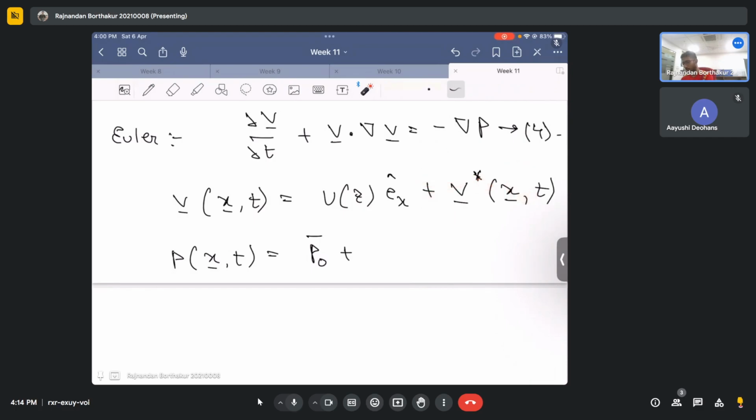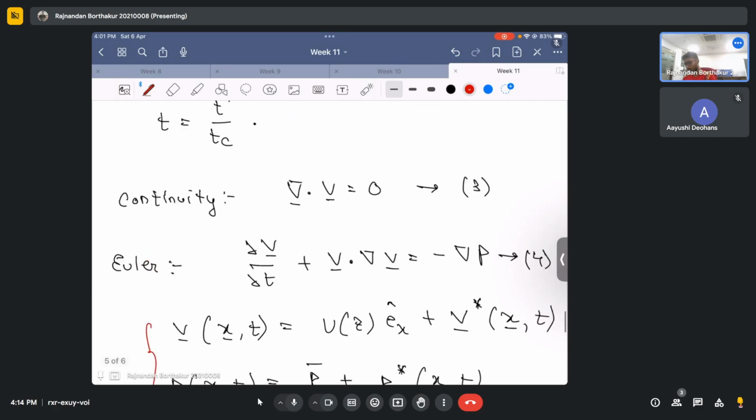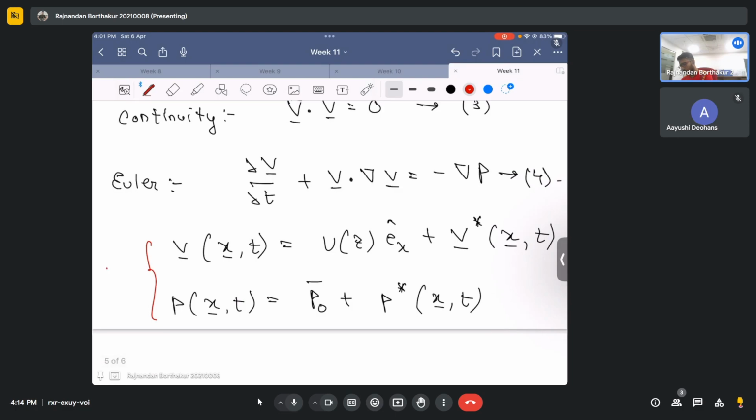So it is P naught bar plus some P star of x and t. These are essentially the decomposition of the total flow field V and the total pressure P in terms of the base variables and the disturbances, now written non-dimensionally. We'll name these equations A and B.